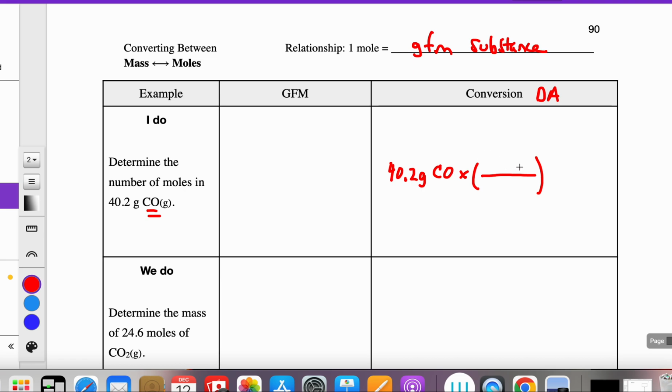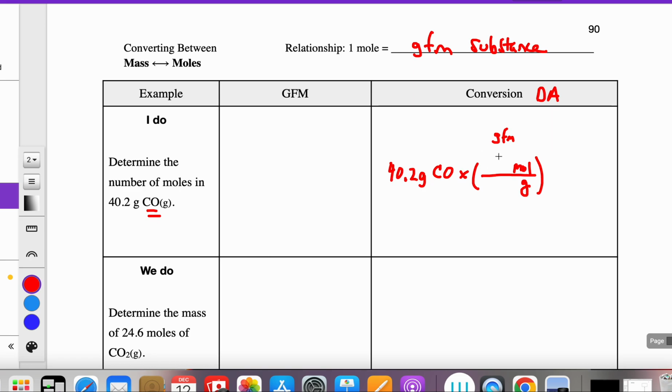I need to get to moles. And when we do dimensional analysis, whatever unit we start off with, we want to be able to reduce it and cross it off. So now I have my relationship here, and this relationship is the GFM, the number of grams in 1 mole of a substance.